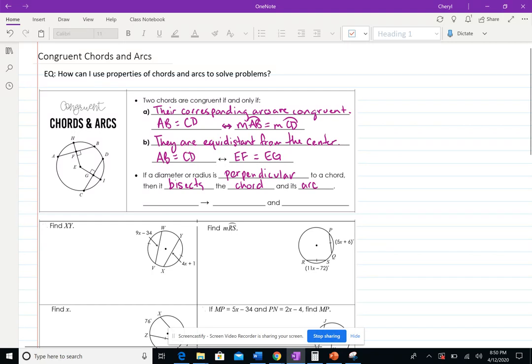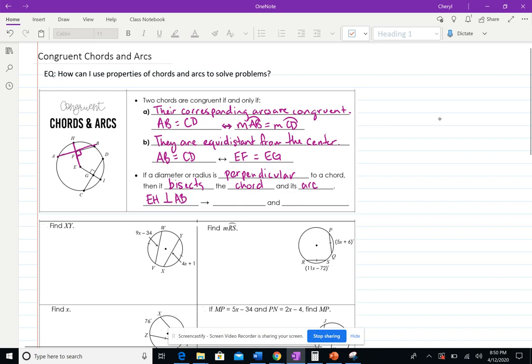So here we have a radius EH perpendicular to chord AB. You can see it crosses at a right angle. So EH is perpendicular to AB, then it bisects the chord and its arc. That means it's cutting the chord and the arc in half, right? Bisects means cuts in half.